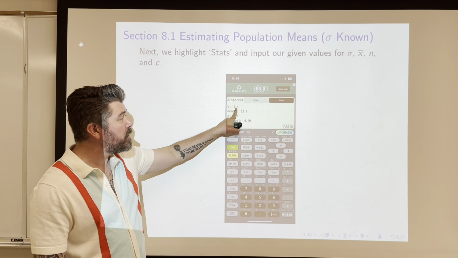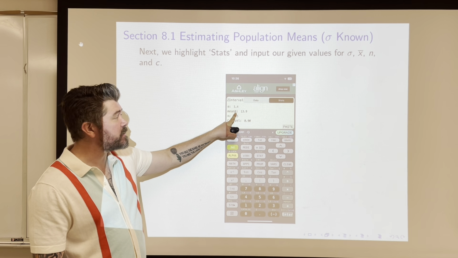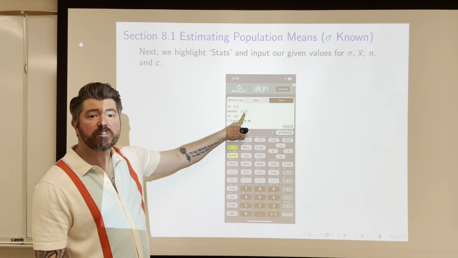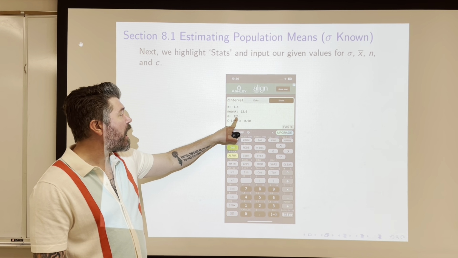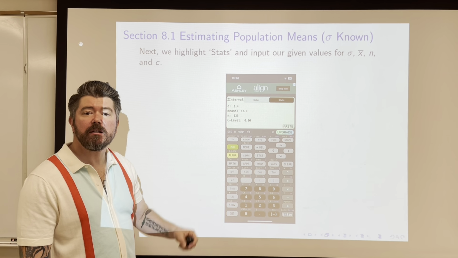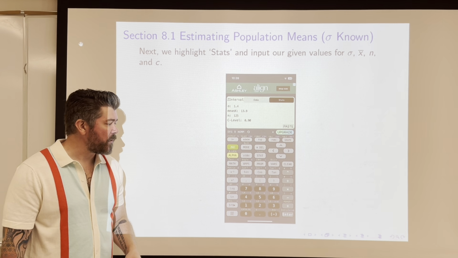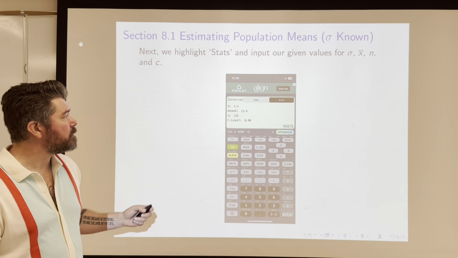Remember that sigma was 1.4. Our mean, x bar, was 13.9. Our n was 125, and our confidence level was 0.90. And now we hit enter.